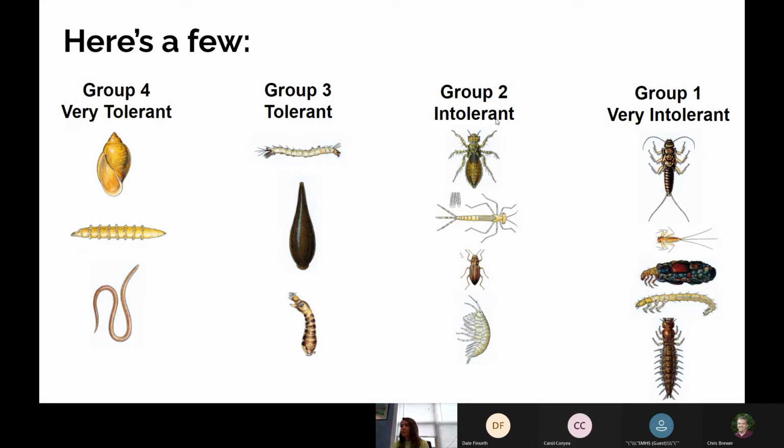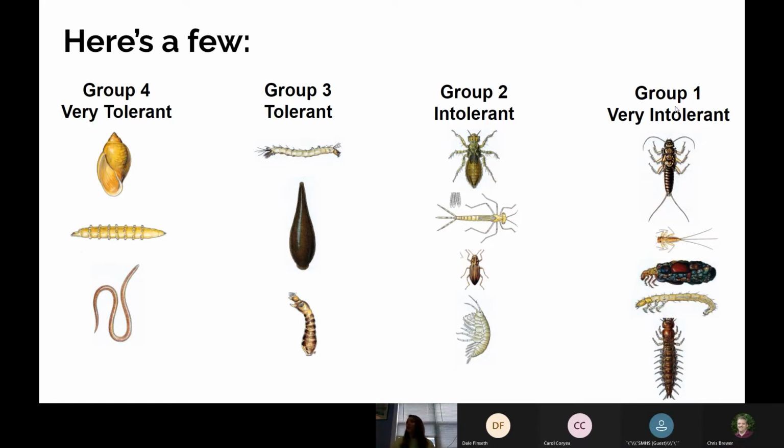And then in group 2, so we're getting pretty sensitive to pollution, we have a dragonfly larva, a damselfly larva, a riffle beetle, and a scud. So you'll notice, or I guess I'll talk about these ones first.